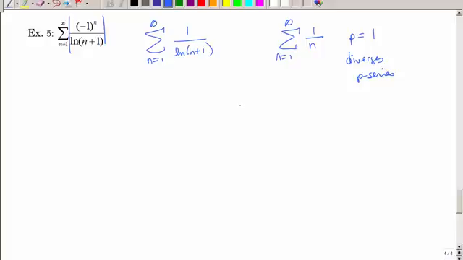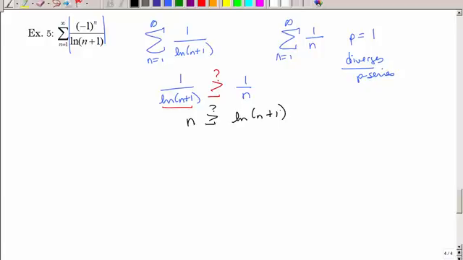And so if I want to use the direct comparison test, I would take these two things, and because it diverges, I have to show that this is now bigger than that. Is that true? Well, let's see. If we cross multiply, I'd have n, is that bigger than the natural log of n plus 1?